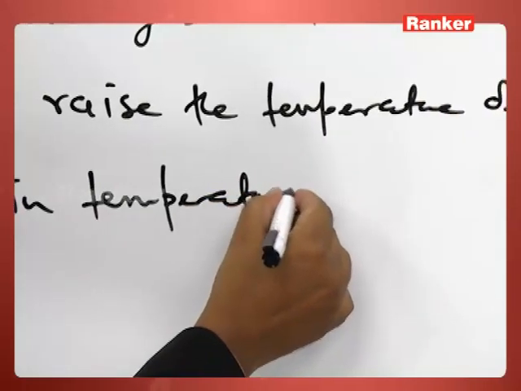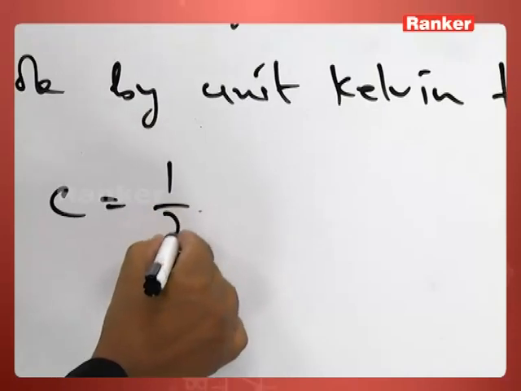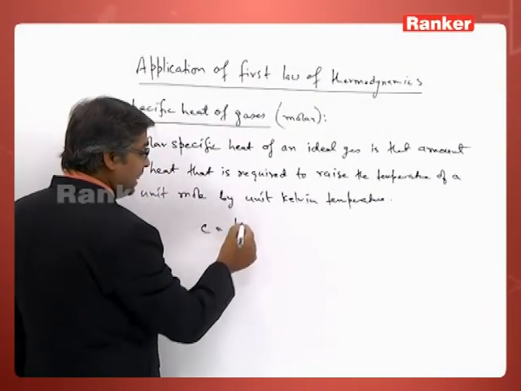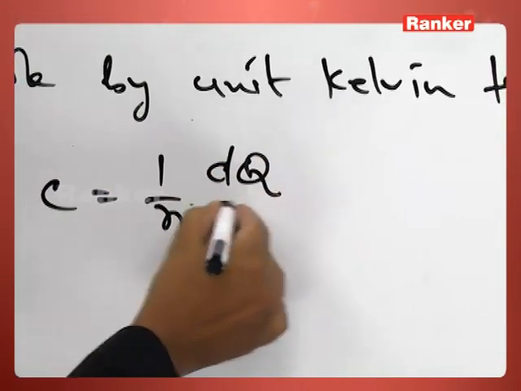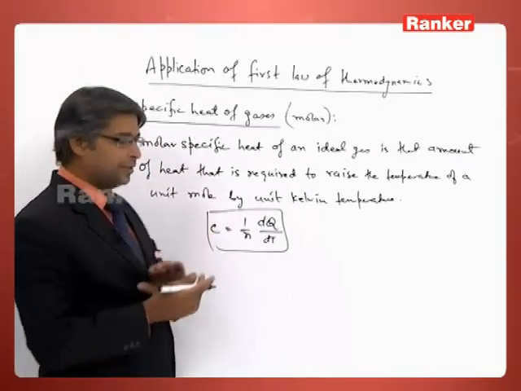This is what we mean by the molar specific heat. So C is equal to 1 by n dQ by dT. This is what we mean by molar specific heat.